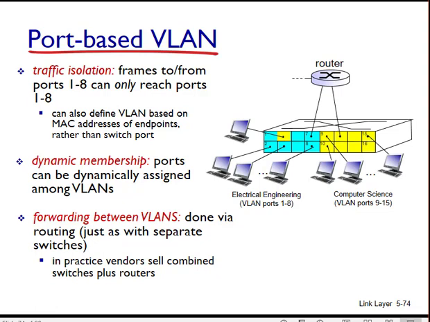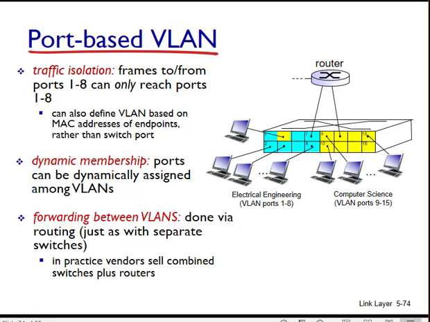In this case, even though the electrical engineering and computer science departments share the same physical switch, the logical configuration would look as if electrical engineering and computer science departments had separate switches connected via a router.